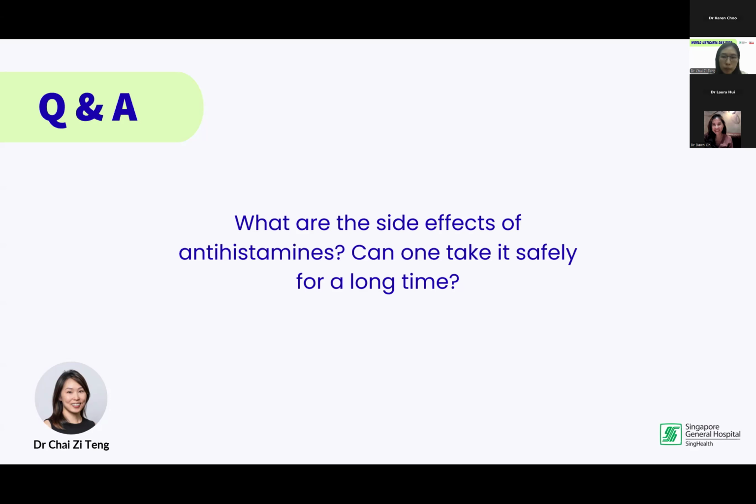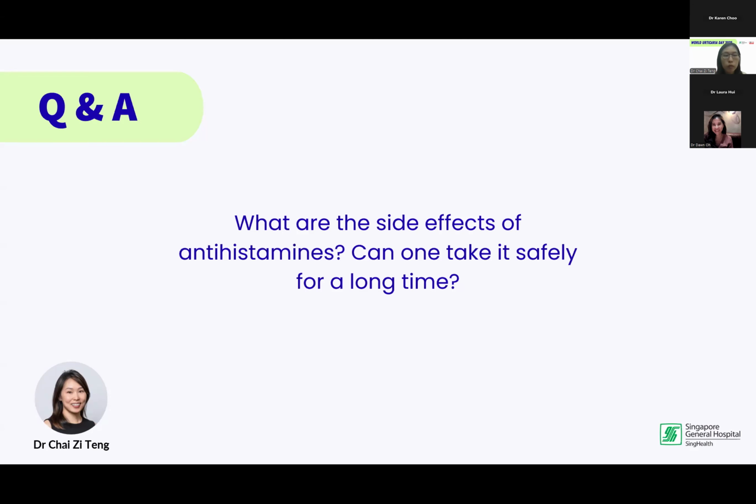Although it helps you sleep, you might actually be getting poor sleep. You're not sleeping well, although you thought you were sleeping, right? And you get all the dryness, and urinary problems in more elderly patients. But the newer ones are generally quite safe.